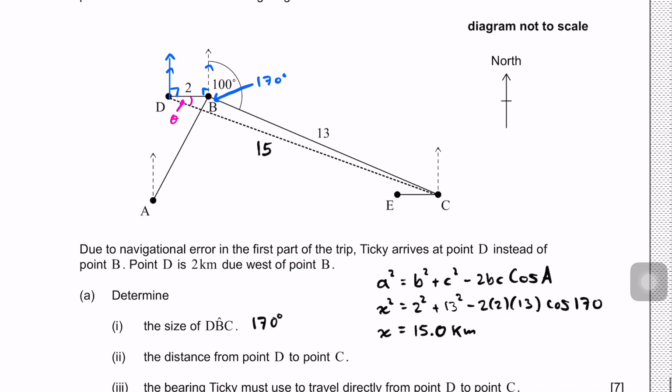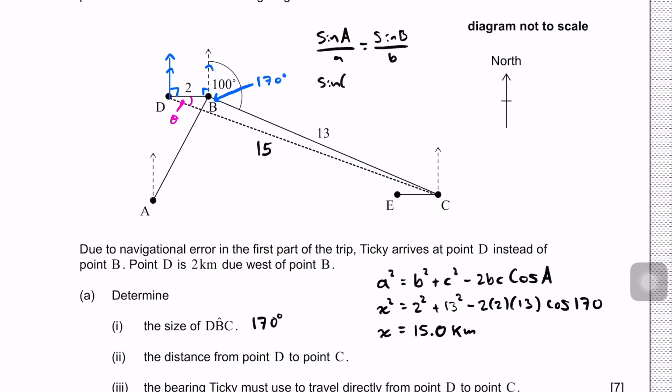So we want to find theta. Actually, let's do it this way. Let's write out the sine formula. So sine A over A is equal to sine B over B. And now let's put in our values.